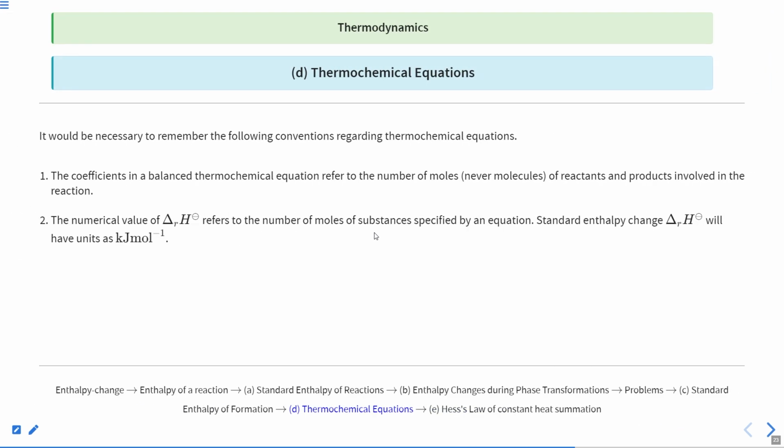Now the following things must be remembered for thermochemical equations. First of all, the equation should be balanced. The delta RH refers to the number of moles of substance given by the equation, and it should have a unit of kilojoule per mole.